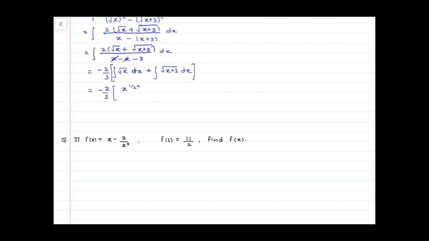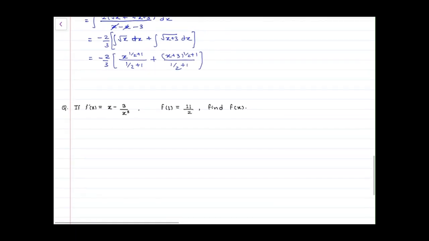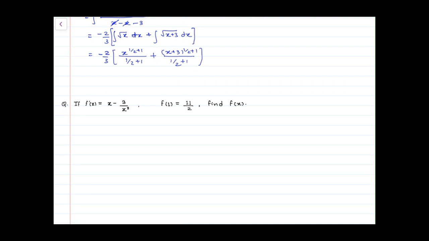It's half plus 1 divided by half plus 1, plus x plus 3 raised to half plus 1 divided by half plus 1, right? So we will get x raised to 3 by 2 divided by 3 by 2.